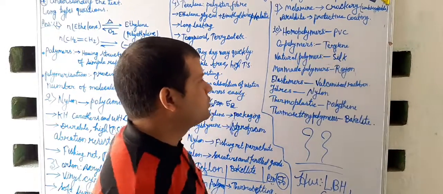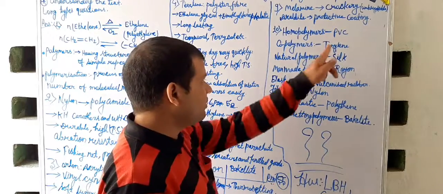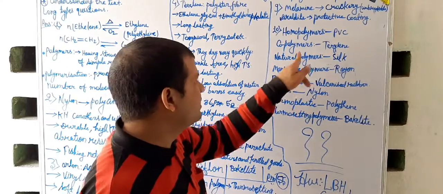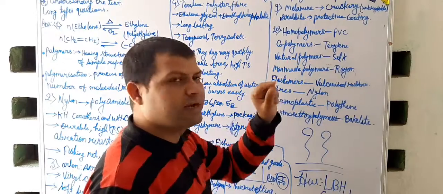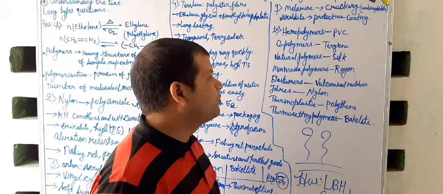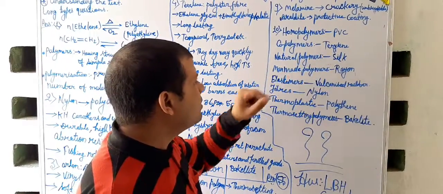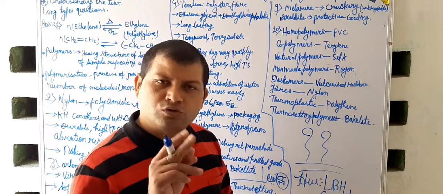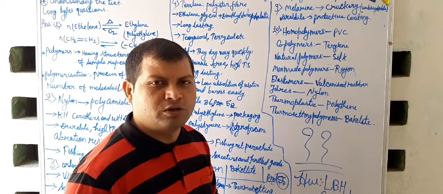Polythene also, I did not write, because here only one example is asked. In the same way, the polymers made up of different kinds of monomers are called copolymers, as for example terylene. On the basis of occurrence, there are two types of polymers: natural polymers and man-made polymers.